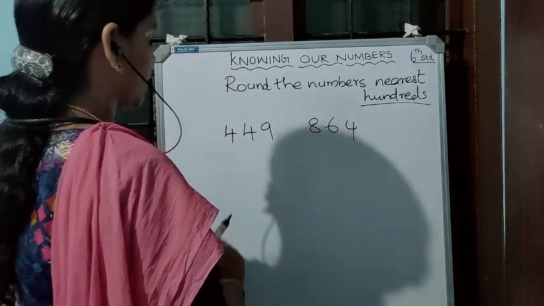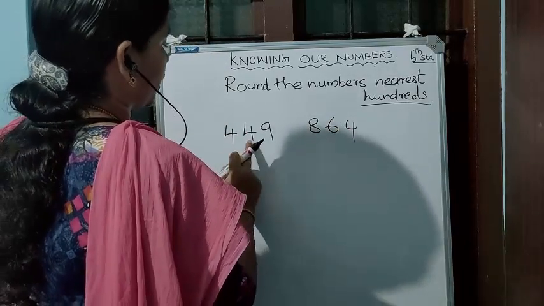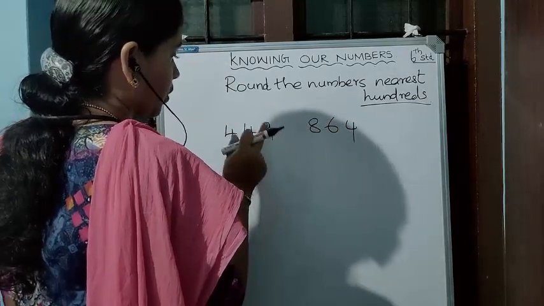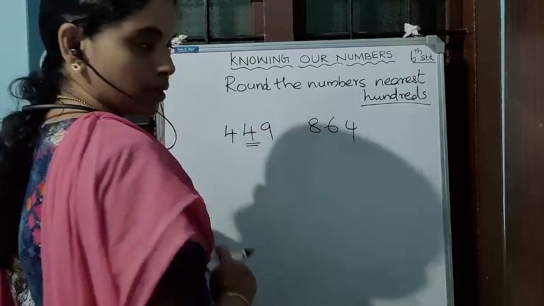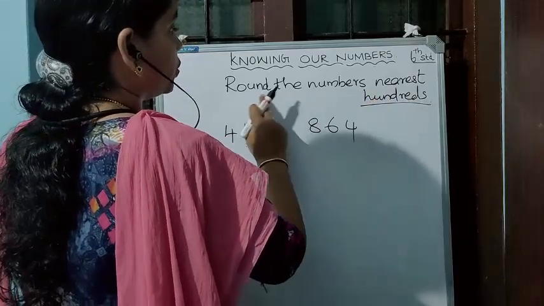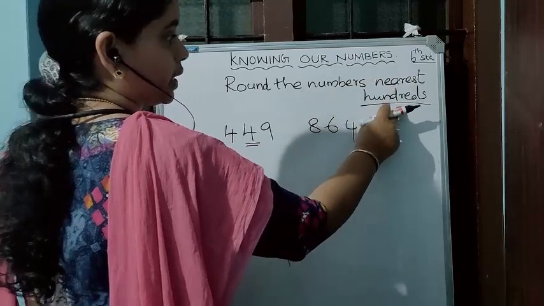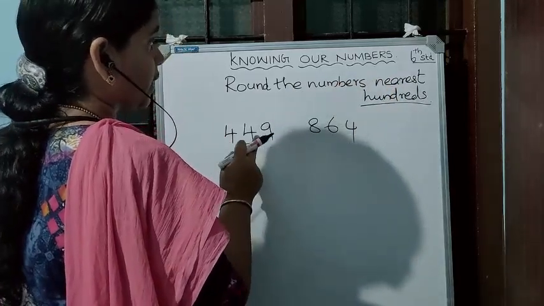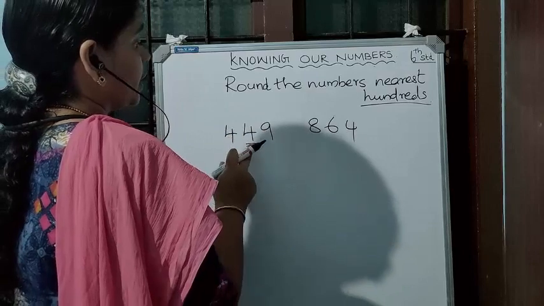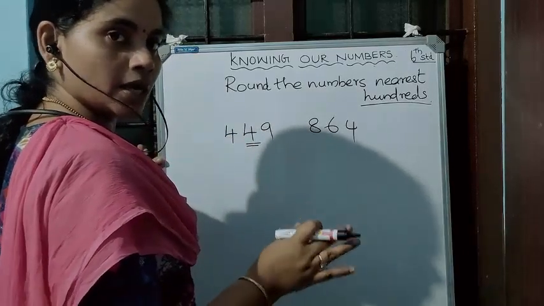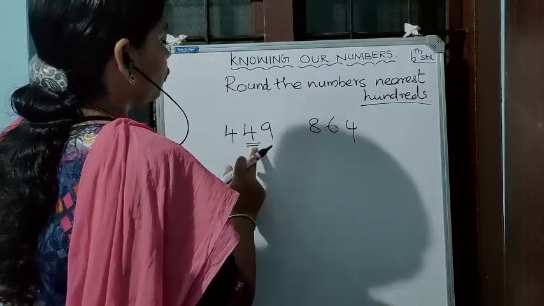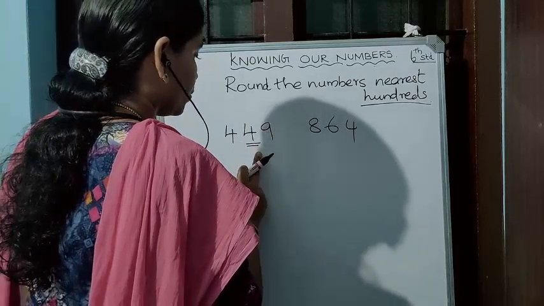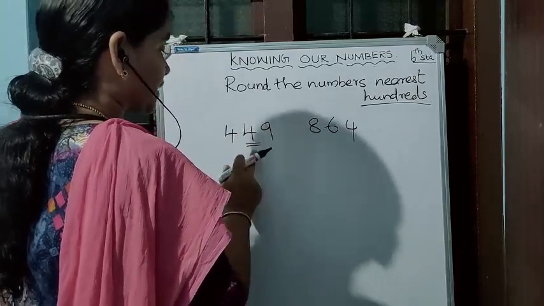Here the first number is 449. In this case, we are checking the tens place number. Here 4 is less than 5.